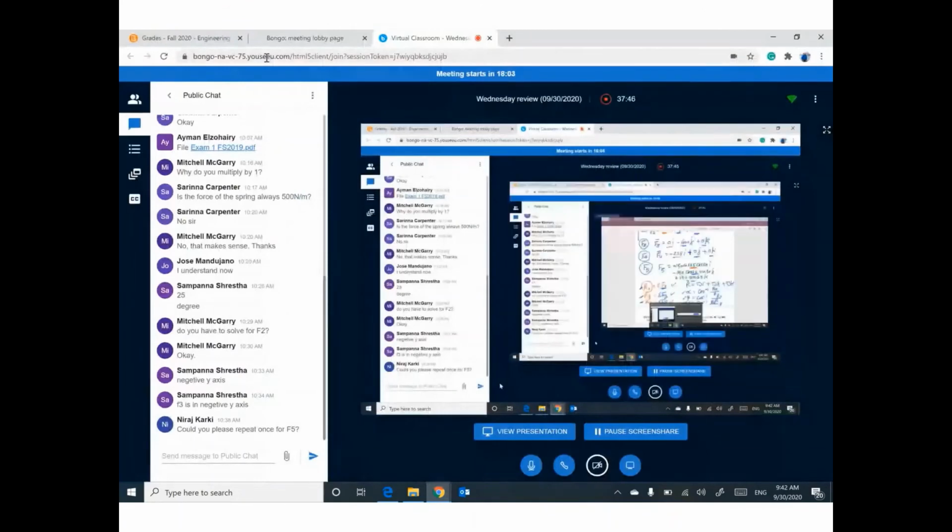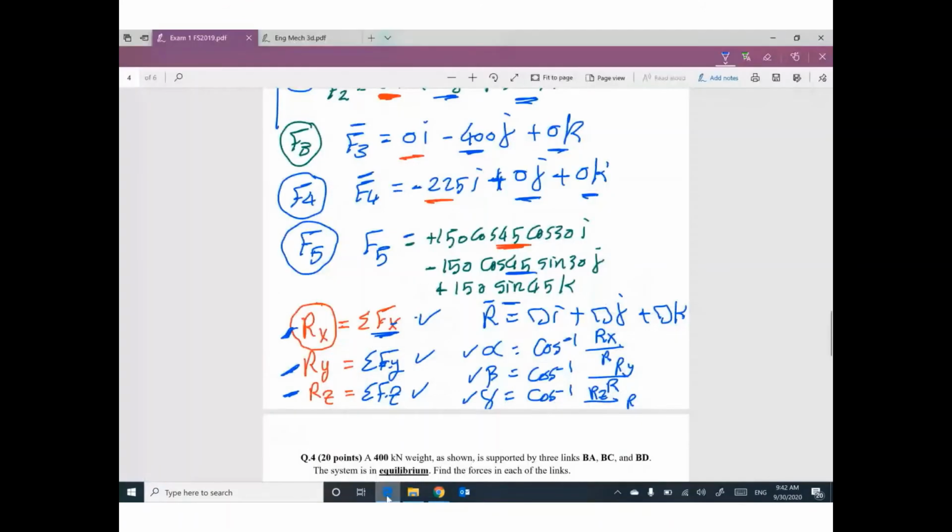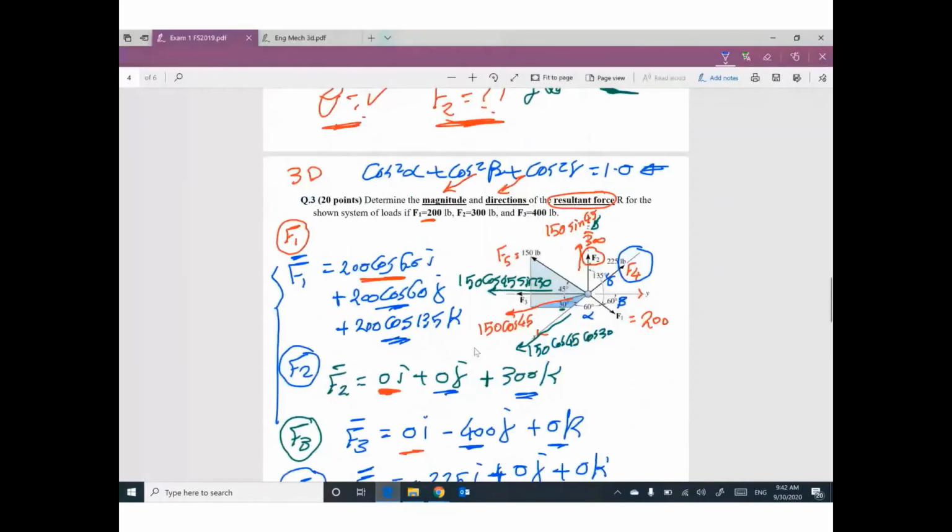For F5, we have something called a projection line. Where is the projection line? Here you go. This one.